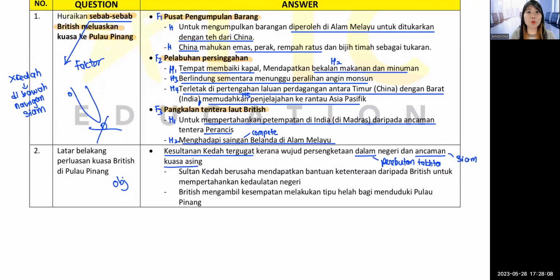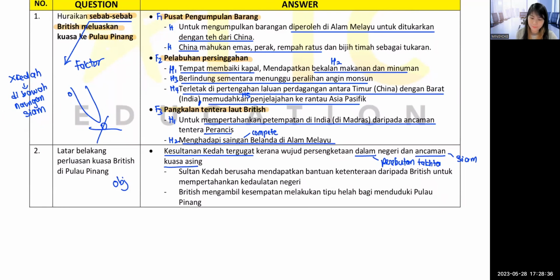Because Kedah is under whose one, you know? Siam. So British was like, I cannot fight with Siam. If I fight with Siam, right, very dangerous, guys. Oh no. So at the end of the day, they decided, oh, nearby Kedah got Penang. So they take Penang. You understand? Okay. Can all right.